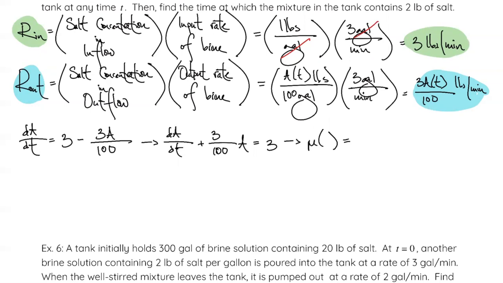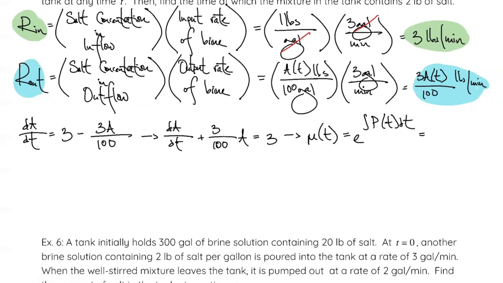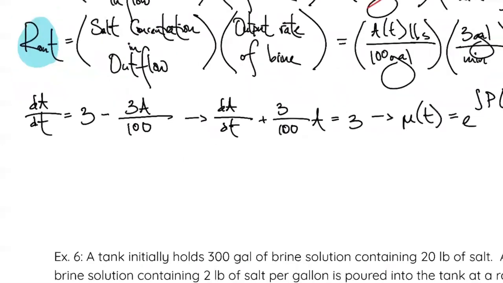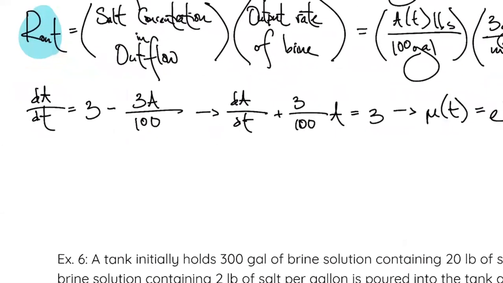I should use a t here. Mu of t equals e to the integral of p of t dt. Well, our p of t is 3 over 100, so we end up with e to the 3t over 100 as our multiplying factor. Now, we have to go ahead and multiply our differential equation by that.